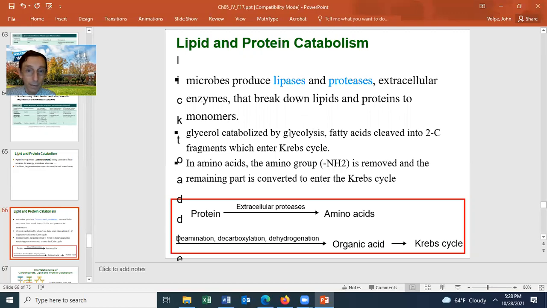Lipids are broken down into glycerol, and the fatty acids are then cleaved into 2 carbon fragments, which enter the Krebs cycle. Amino acids have a problem. You have to remove the amino group from each amino acid. And then the remaining part of the amino acid enters the Krebs cycle.